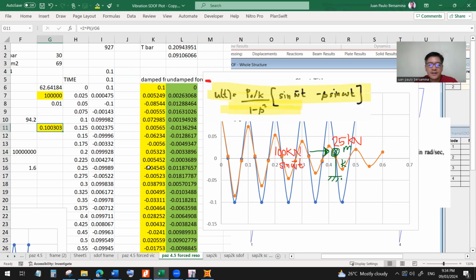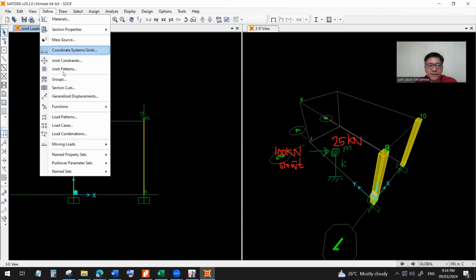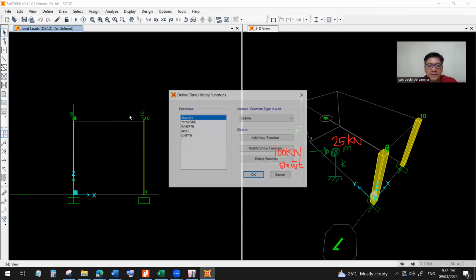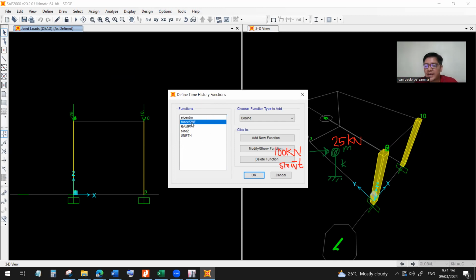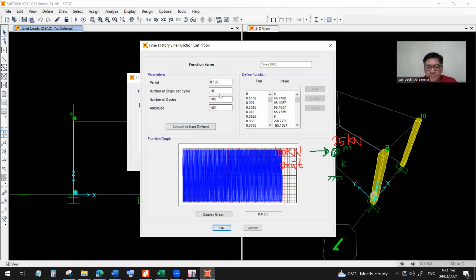Okay, then magde-define ako ng harmonic force. So para mag-define ng harmonic force, functions, time history, ito siya, yung sine wave. Harmonic sine wave, sine force. Modify show, pakita ko lang. 0.105, yun nga. Remember, our period is 0.1 based sa calculation. So, yan yung nilagay kong omega bar niya, or the corresponding period.